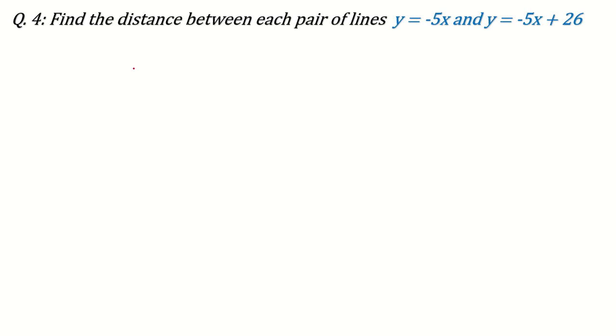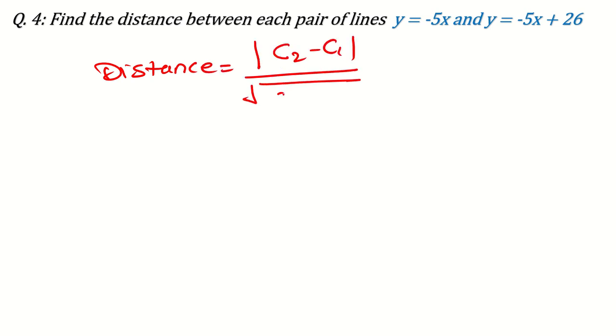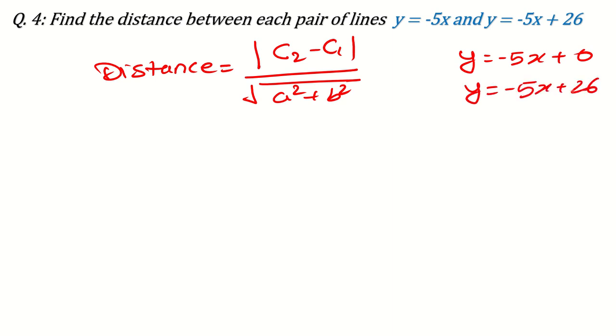So I am writing the formula once again. Distance is equal to the absolute value of C2 minus C1 divided by the square root of A square plus B square. So here it is y is equal to minus 5x plus 0 and y is equal to minus 5x plus 26.